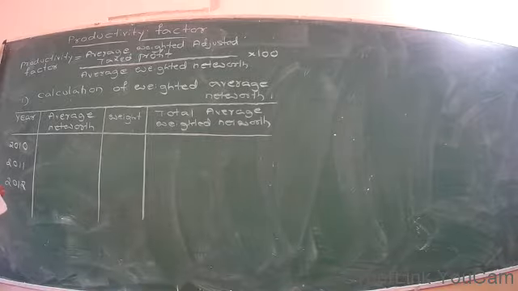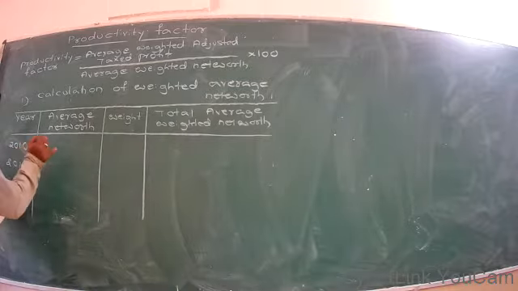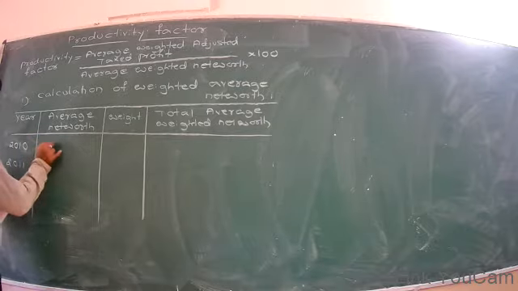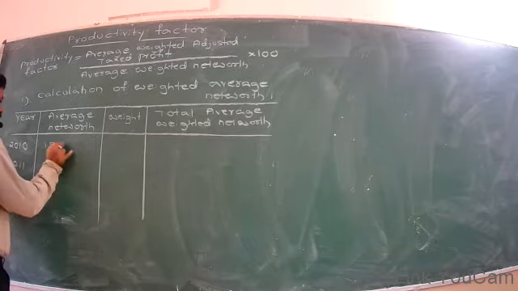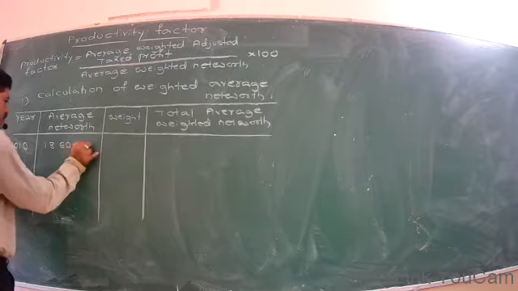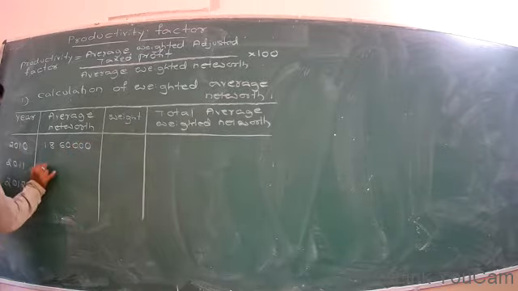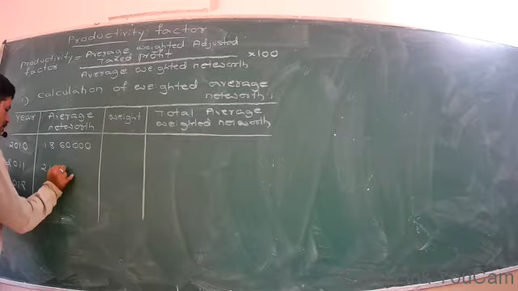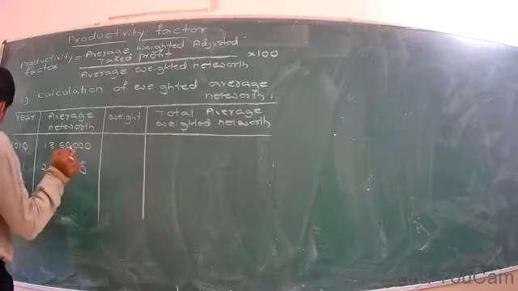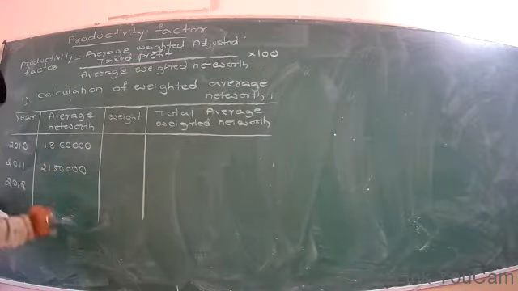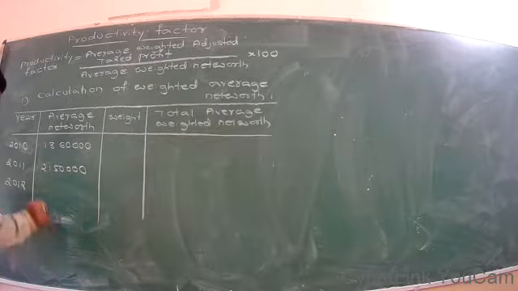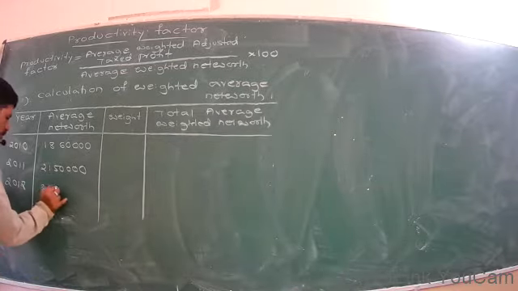You just see the column, average net worth excluding investment. 2010, 18 lakh 60,000, then 21 lakh 50,000, next one is 21 lakh 90,000.